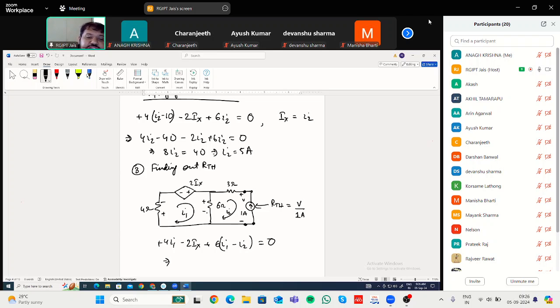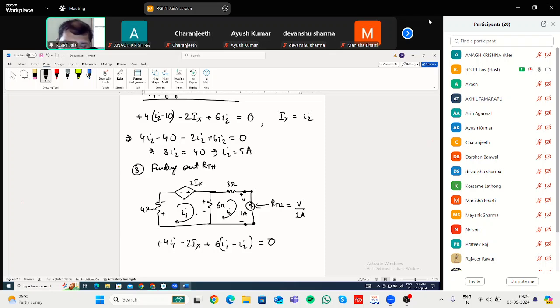Now there are 3 unknowns and 1 equation, so you will need other equations also. The easy thing is, what is the value of I2? You have already connected a current source. I have already told you that in mesh analysis, when there is a current source in one of the meshes, the current in that mesh will be of the same value as the current source.